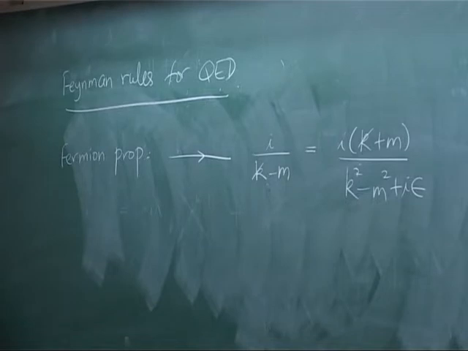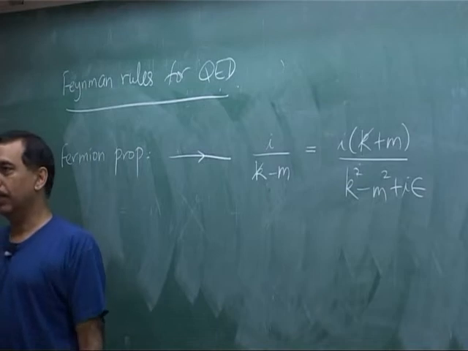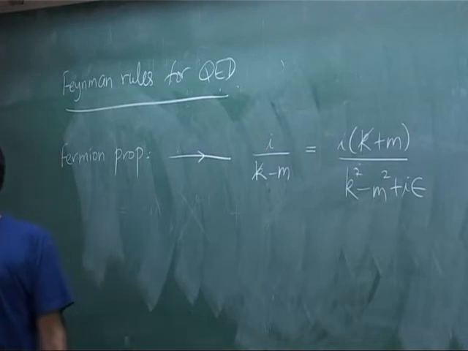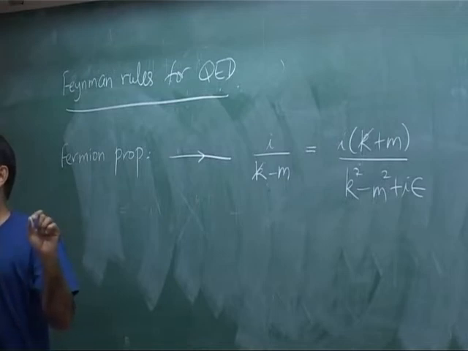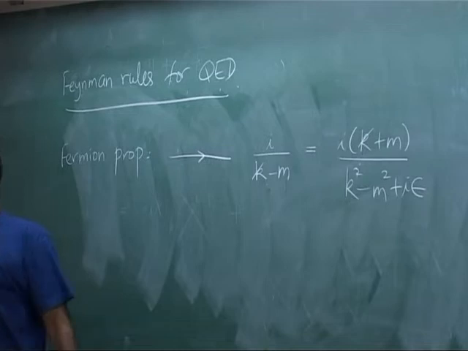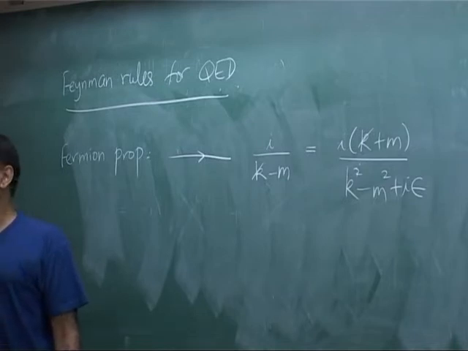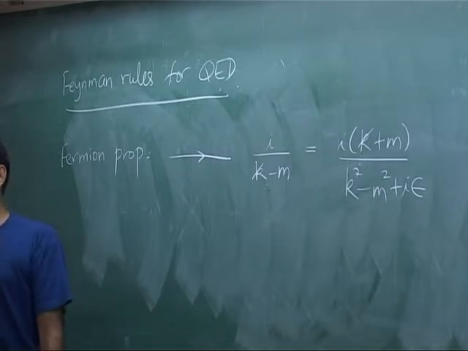Now, one thing we have to remember is this theory has complex fermions. They are not Majorana. For complex fields, there is an intrinsic arrow which tells you the direction of charge flow. Complex fields have a concept of charge, and the arrow tells you the direction of charge flow. But for your own interest, you might want to label the momentum in a direction different from that arrow, for example, in the other direction.